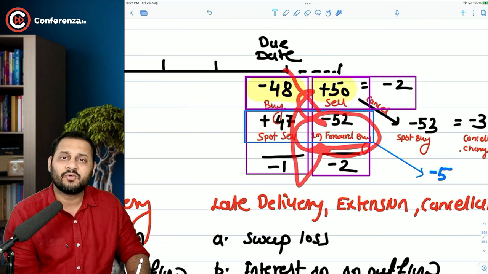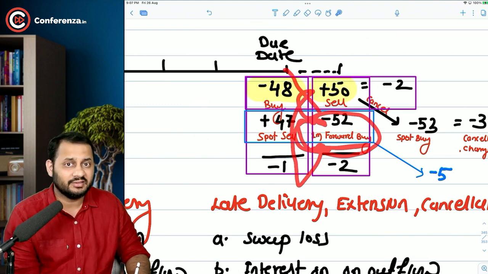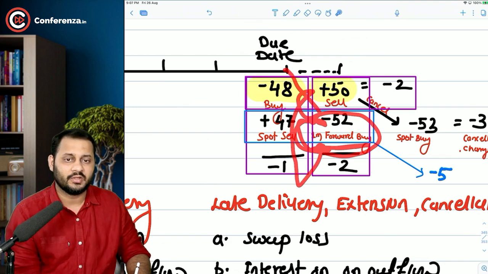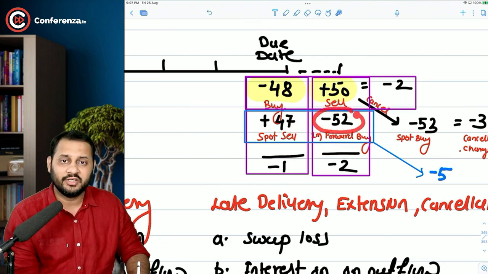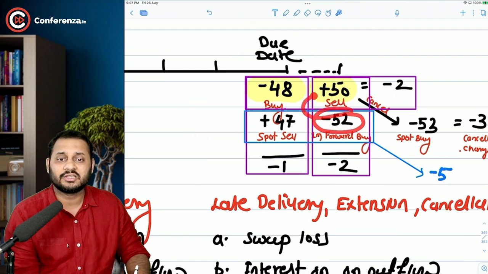If 15 days forward contract is available, take the 15 days. Closest is the answer. And this would mean that we will buy. This is just a calculation. In reality, this will not happen. This would mean that the bank will buy the dollars at 52 rupees when the customer will appear and sell it to the customer at 50 rupees, whatever the rate was.